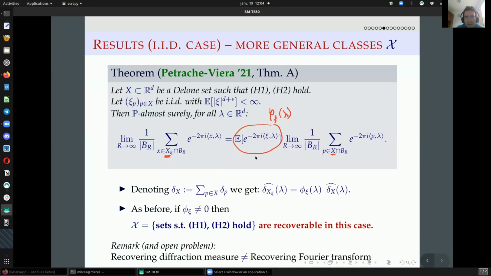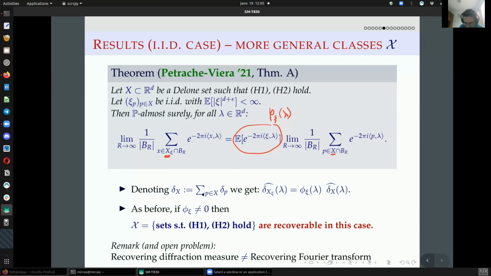So again, you can divide by this red function here and recover the Fourier transform of X from the Fourier transform of X_xi. Here it is written in a more compact notation. If I have a set X and I write Dirac_X to abbreviate the sum of Dirac masses at all positions in X, then the same formula from above becomes that the Fourier of Dirac at lambda is equal to the characteristic function times the Fourier of Dirac of the unperturbed set at lambda. So you have this kind of factorization of the Fourier transform.